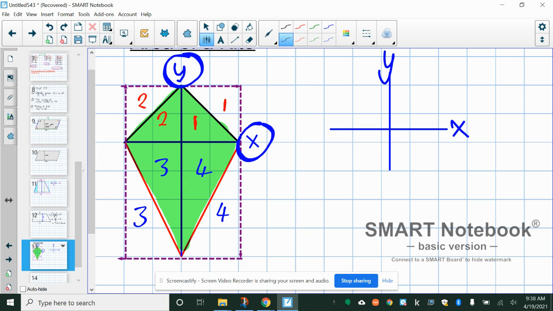So therefore the area of a kite, there's my kite, is half of x times y. Now that's the formula we use to find the area of a kite, and this should enable us to calculate the area of any given kite.